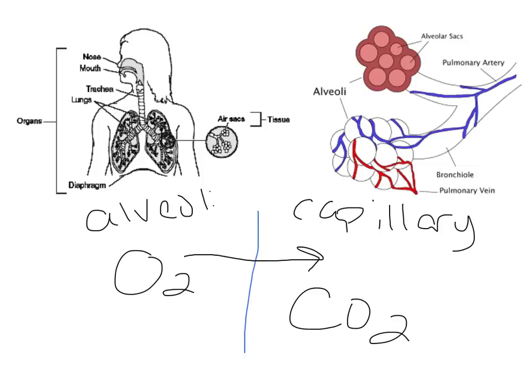And so the capillaries have a large amount of CO2 in them. Again, based on diffusion, how things like to go naturally from a high to a low concentration, that CO2 goes across the capillary back into the alveoli. So now we can blow that big breath out and get rid of that CO2.